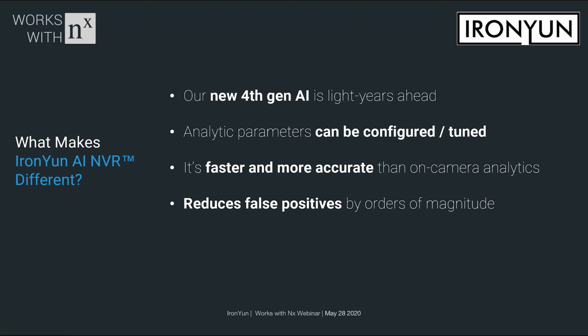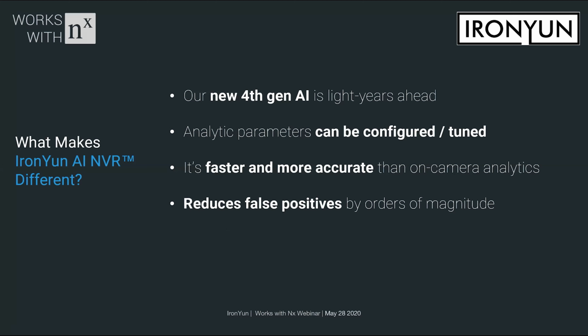Okay, so compared to traditional intrusion detection, AI video analytics can reduce most of the false alarms because we detect the object by its pattern, by its shape, instead of just the motion.